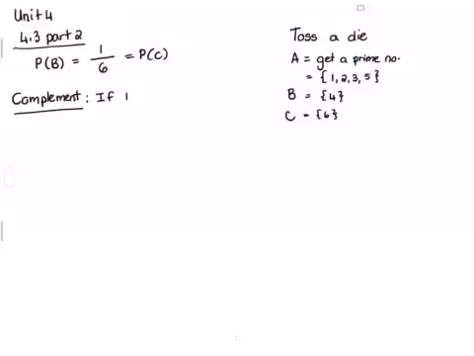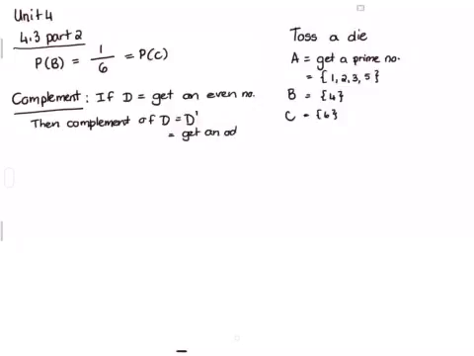If event D is get an even number, then the complement of D, you write as D with a little dash like that, and you read it as complement of D, is get an odd number. Now that still doesn't exactly explain what I want to say.